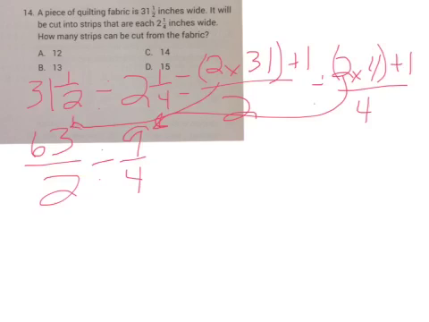All right, so we know that when we're going to divide, we're just going to simply flip. So let's take our 63 over 2, and then we're going to multiply that by 4 over 9. And we know we can do some reducing. We know that 2 will divide into 4 by 2, so that'll be 2 there.